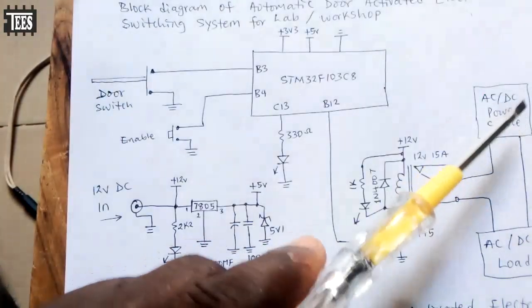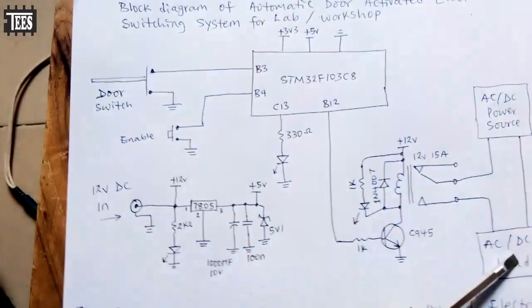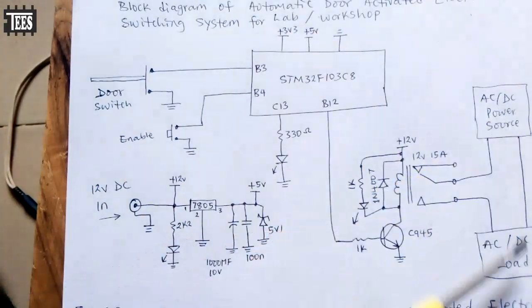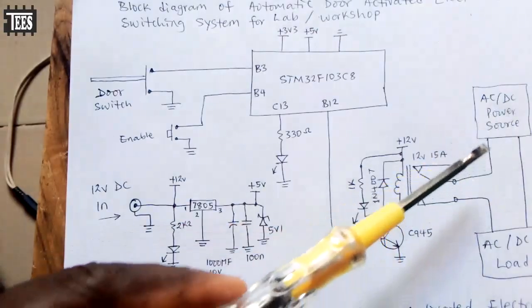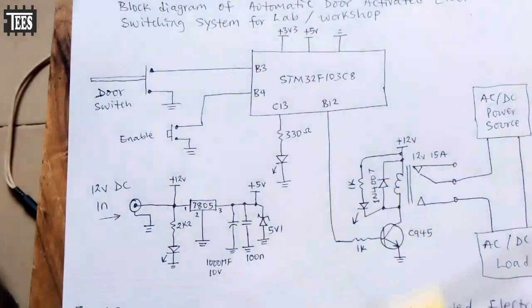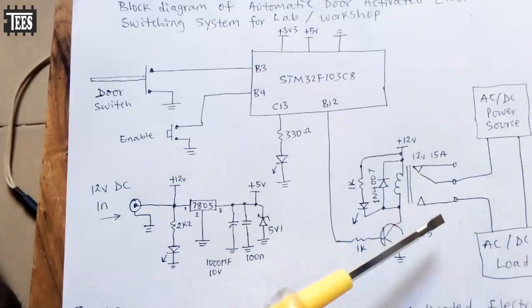So now your load could be AC or DC. If your power is AC, your loads are AC. If your power is DC, that depends on whether you are powering the loads in your workshop with DC power or AC. So whichever, depending on your own needs. You understand?